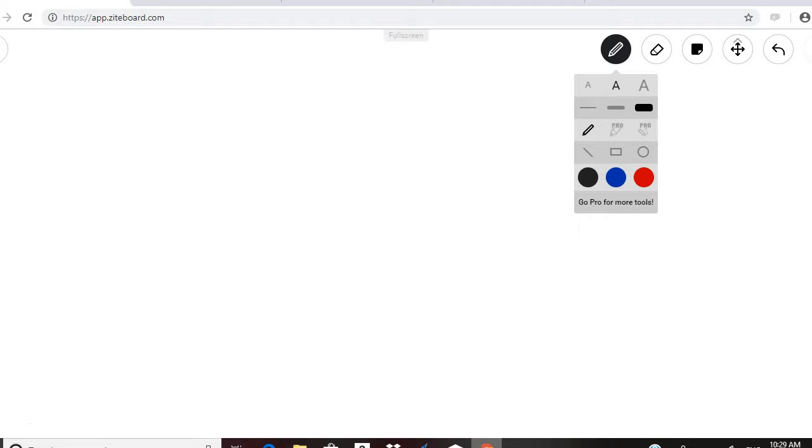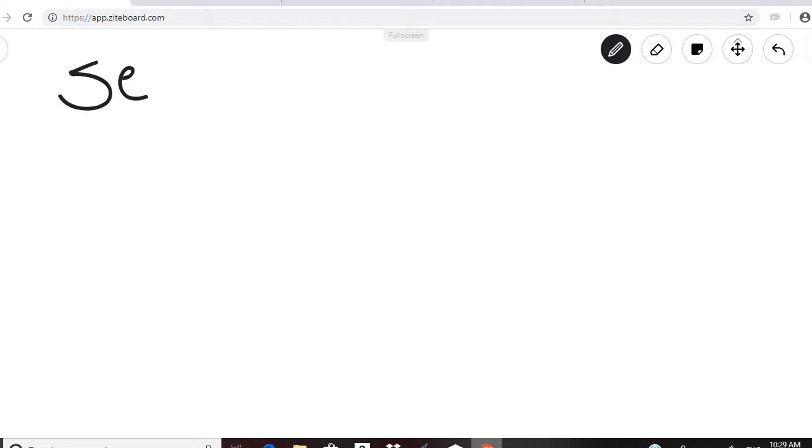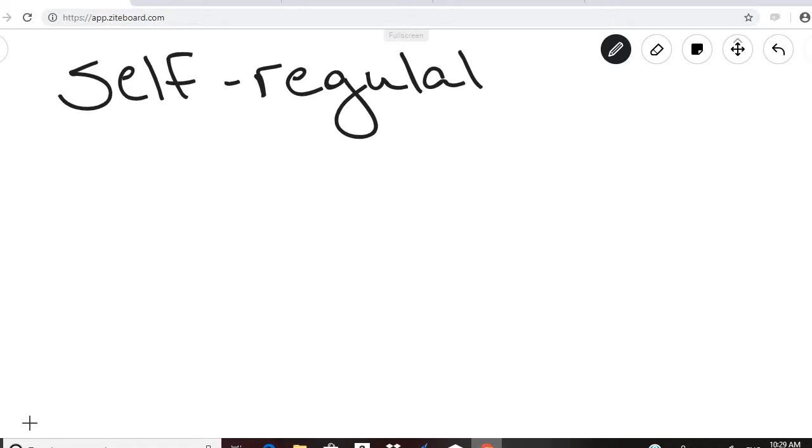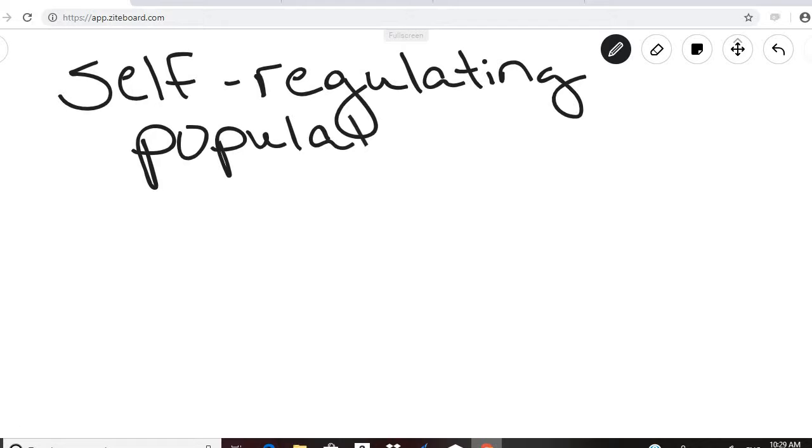Another term is self-regulating population. This term means what it says: a population will limit its own population growth.